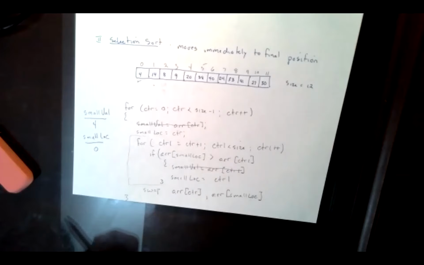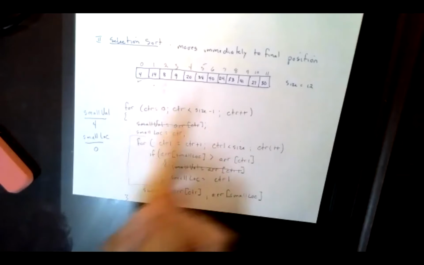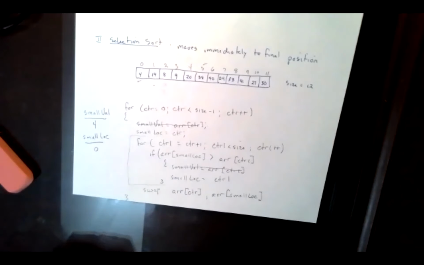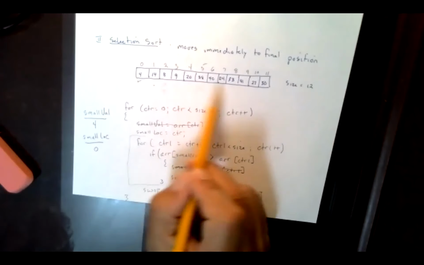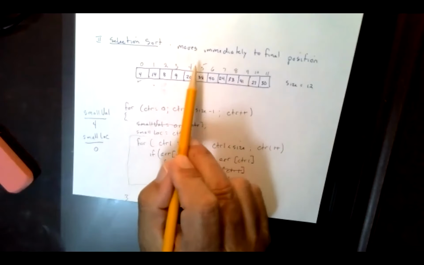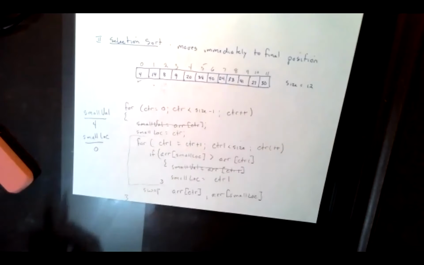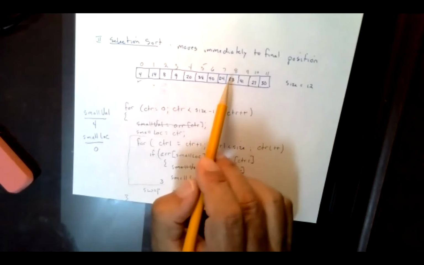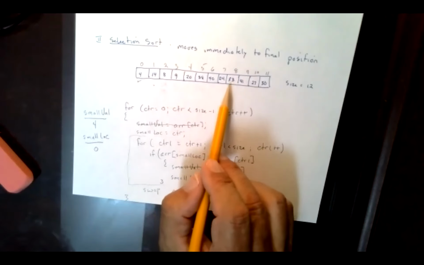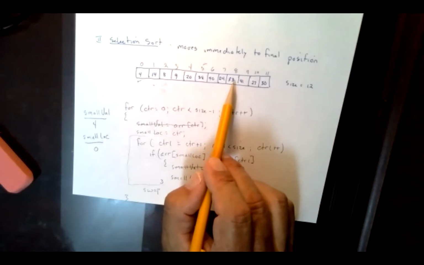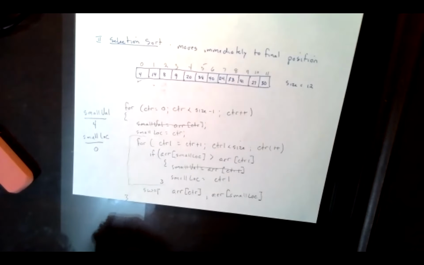So no, we don't need it, but for the teaching purpose of it, I put small value in there to show that we keep changing the value. As the location changes, I'm keeping track of a smaller value, but the location could be 8 and we know the value is array of 8. Yep, you're right.